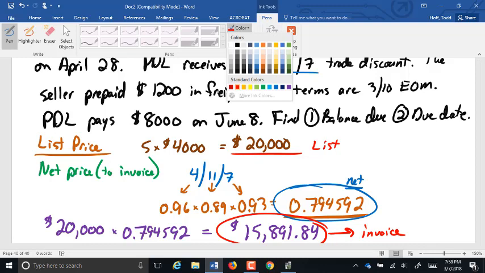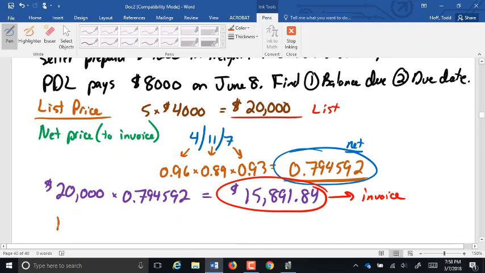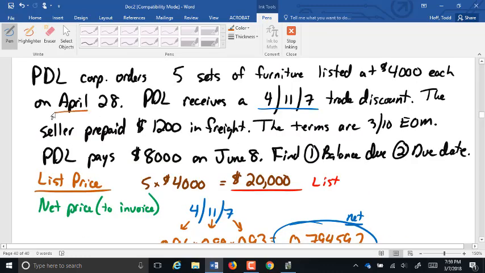So now let's do our invoice timeline. What date is the timeline start on? Well, April 28th, but we have a modifier of EOM. So it doesn't get into April, it has to go into May.